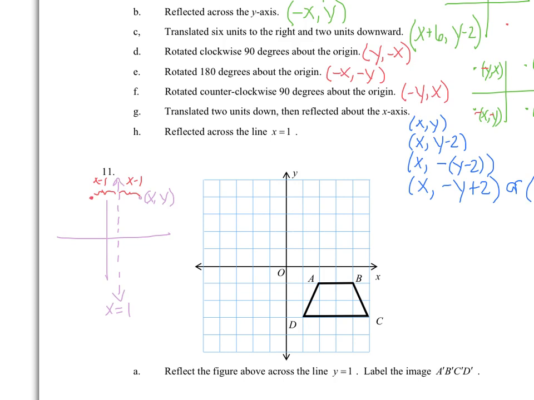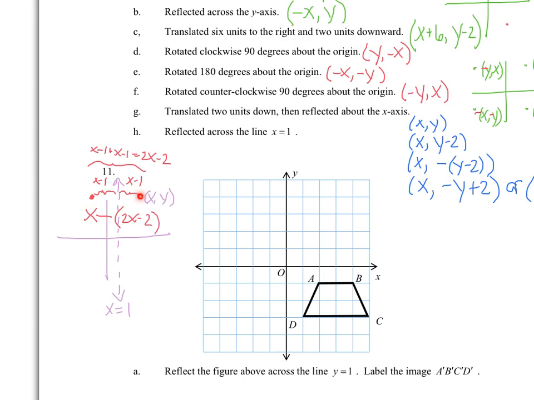How do I find that point? Well, if I'm going a total distance of, let's see, x minus 1 plus x minus 1 is 2x minus 2. This point is going to be a distance of x minus this total distance of 2x minus 2.